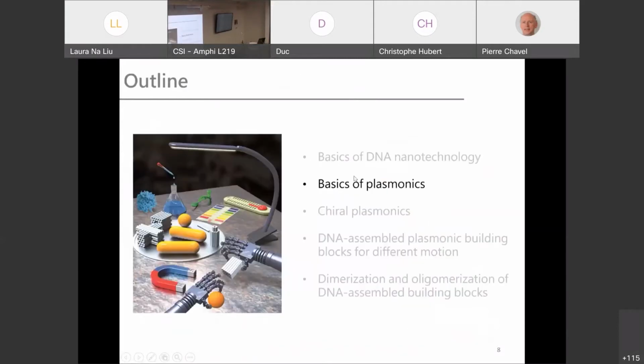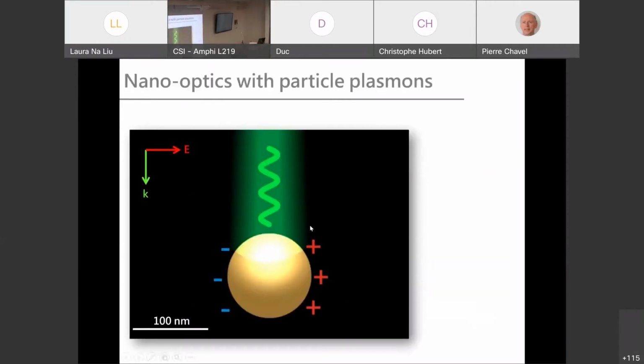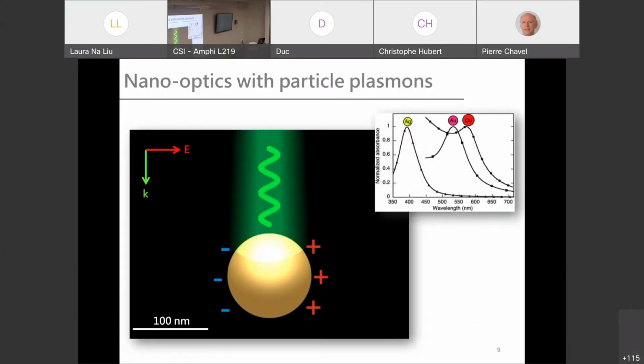So this is the basics about DNA nanotechnology. Next, I will also introduce to the students the basics of plasmonics. When light interacts with a metallic nanoparticle, say a gold nanoparticle 100 nanometers in diameter, plasmons, which are correlated with the collective oscillations of electrons, can be excited.